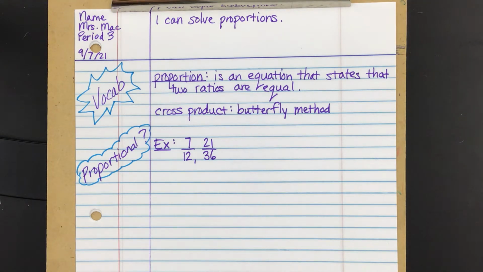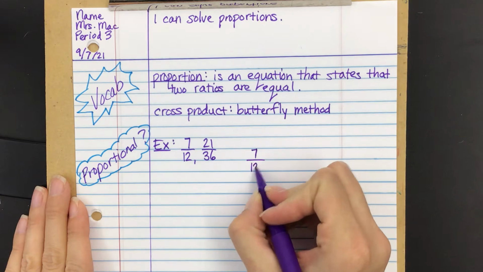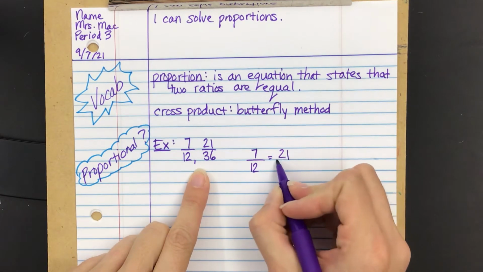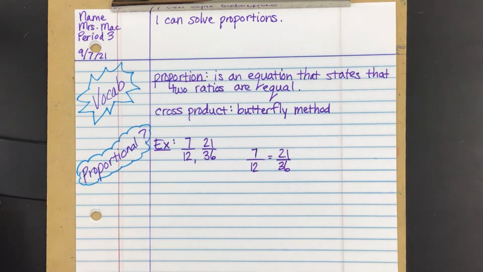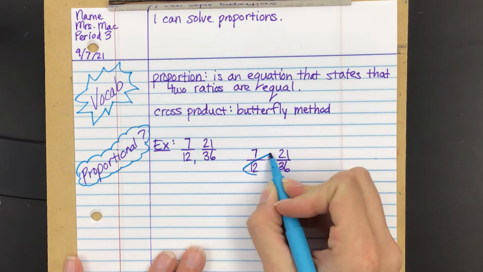Now let's apply the cross product or butterfly method to this so that we can actually verify. This is just a really quick way because not everything will be so straightforward as this one is. This is just a quick and easy way to see if they're proportional, okay? So if you didn't learn this last year, just pay close attention. We're going to multiply diagonally.